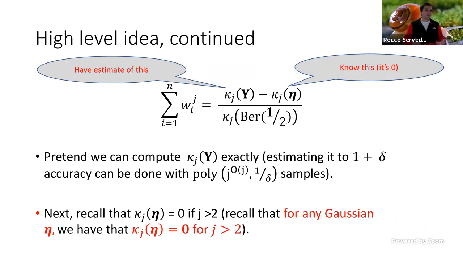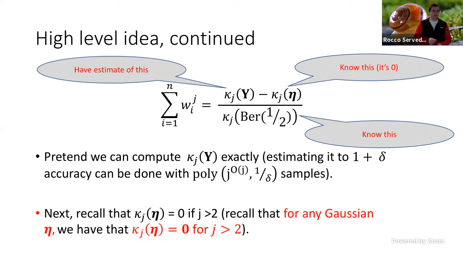But even if I didn't have Gaussian noise, as long as I knew the noise distribution, I could just compute these jth cumulants of the noise distribution. And finally, it's some kind of exercise to write down what the jth cumulants of the Bernoulli distribution are. So we can figure out a good estimate of everything on the right-hand side. In other words, we can come up with a high accuracy estimate of this jth power sum polynomial in these coefficients that we're interested in, w1 through wn.